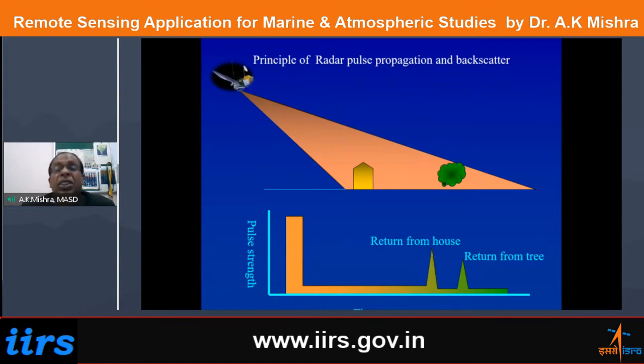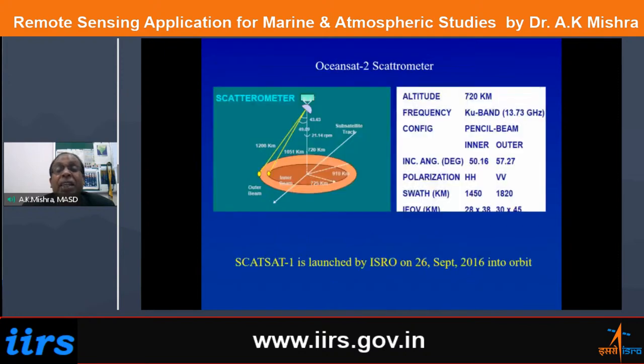So this is the principle used for getting the backscatter, and this is the principle of the scatterometer, which is a conical scanning sensor that gets the sea surface backscatter in different polarizations.